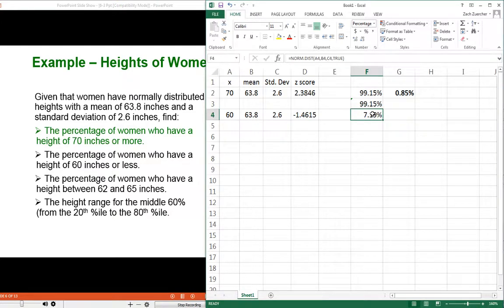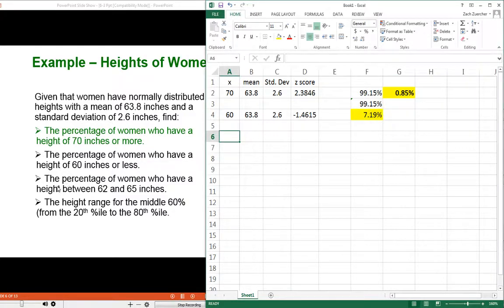So that is your answer right there. That's what we're looking for in the second question. I'll go ahead and highlight. This is the answer for the first one. This is the answer for the second one. It's 7.19% of the women, in this case, with women having a mean of 63.8 and a standard deviation of 2.6 for their height.